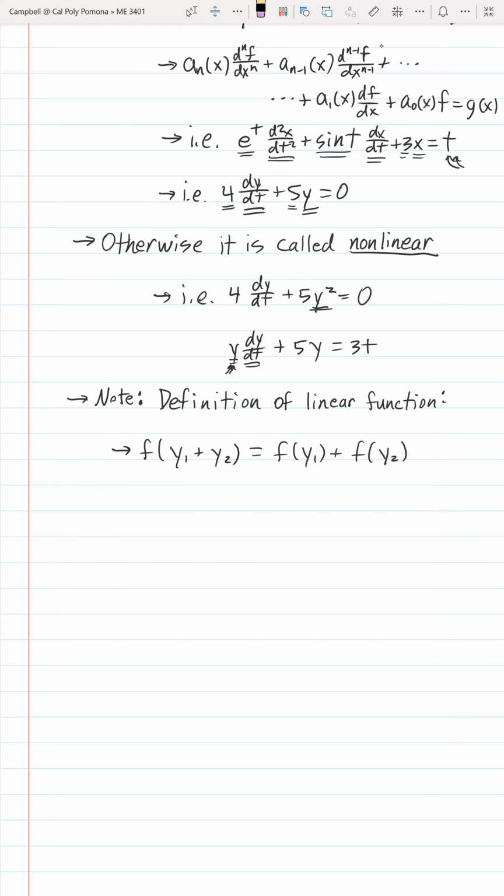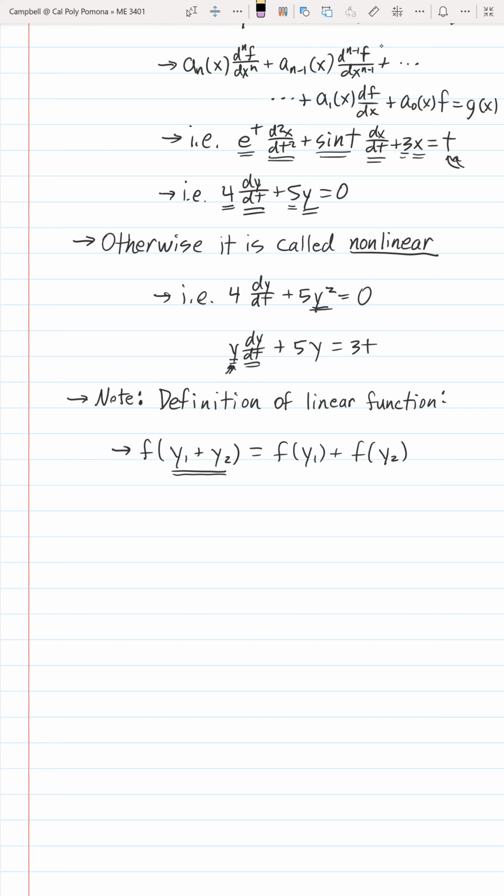So let's cover that in words, because what is this saying? This is saying that for a linear function, we can operate on the combination of whatever inputs we have. In this case, we can combine y1 and y2 together and then have the function operate on it.